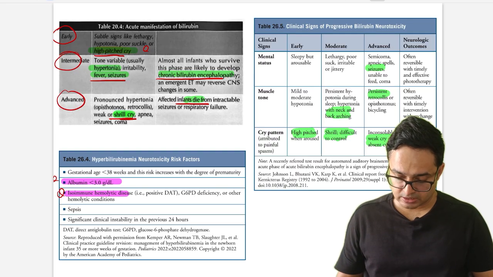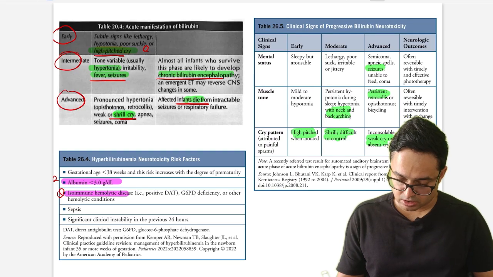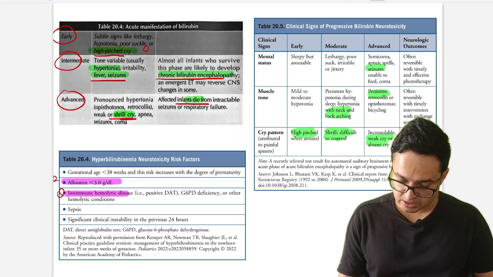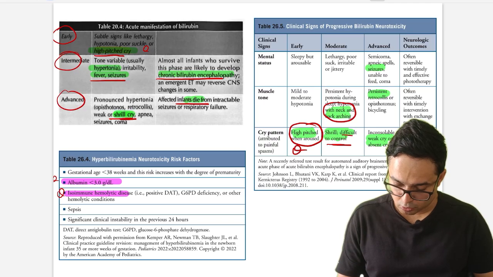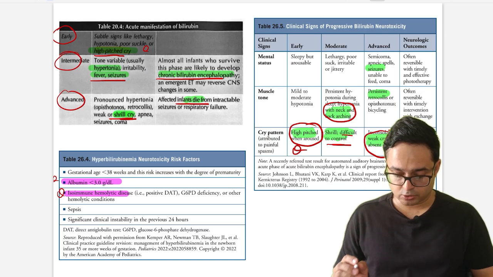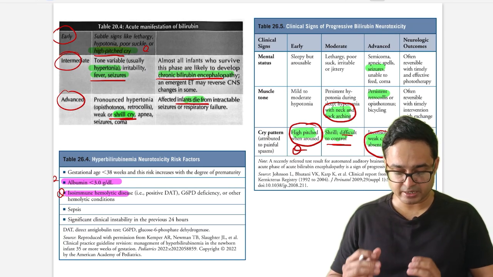Okay, so this is another table which divides early, moderate, advanced. Early, we have seen the high pitched cry pattern. Moderate, neck and back arching and shrill cry, difficult to control. In advanced, weak or absent cry. Shrill cry is seen in moderate to advanced.